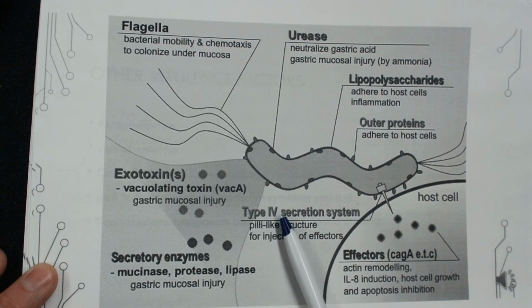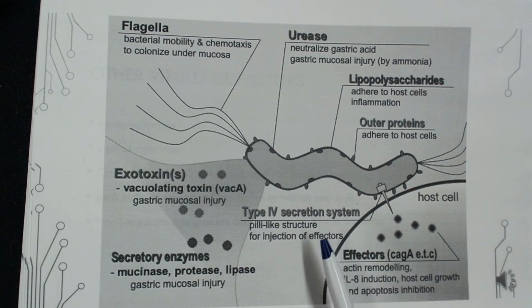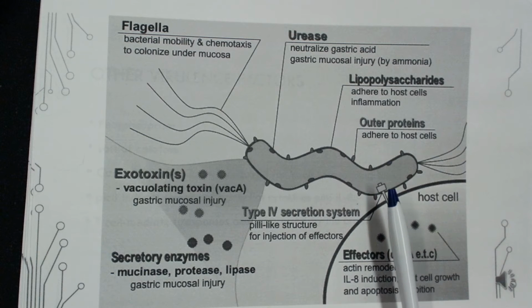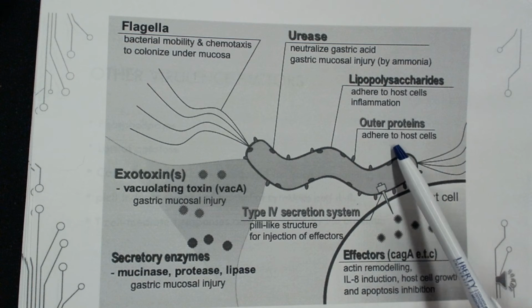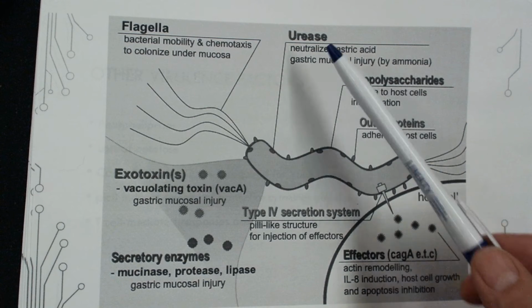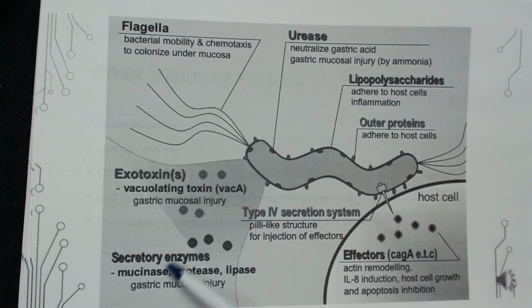It then has a type 4 secretion machinery. We've seen that before. This little injector system injects molecules into the cell that causes it to change its behavior. And that change in behavior helps this cell survive while attached to the gastric mucosa. So adhesins, urease, toxins, enzymes, type 4 secretory system, and flagella.